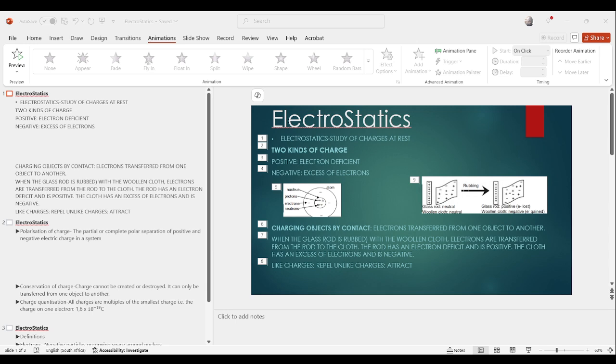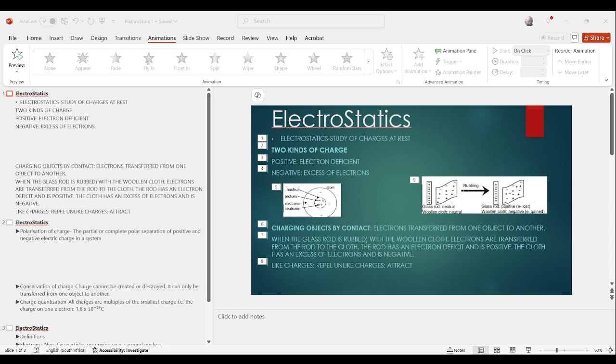So during the process of charging the ruler, which I think most of you have done before, have you ever tried charging your ruler with a woolen cloth? Yes, sir. So what happens there is that during the process, electrons are transferred from the woolen material to the ruler, not protons, electrons. They are the ones that move.